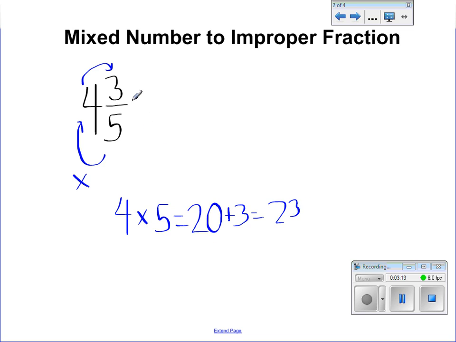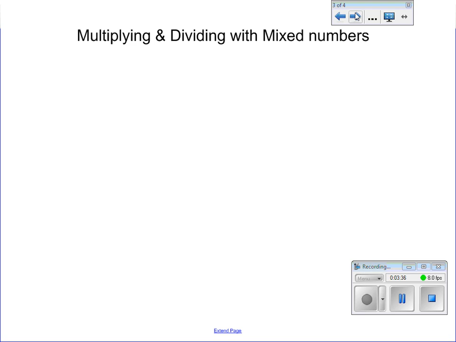Therefore, 4 3/5 is equivalent to 23/5. The denominator will not change. Either from improper fraction to mixed number or mixed number to improper fraction, you're always going to have the same denominator.